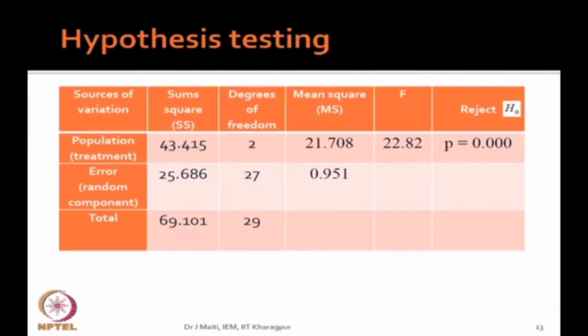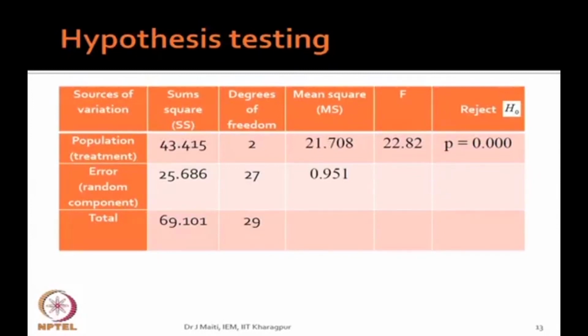In the same problem, we have done the hypothesis testing. The sum of squares between populations is 43.415, the error SSE is 25.686 and the total is 69.101.